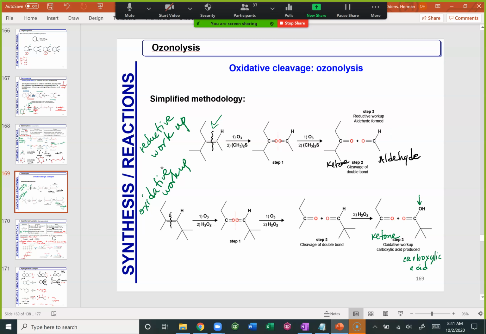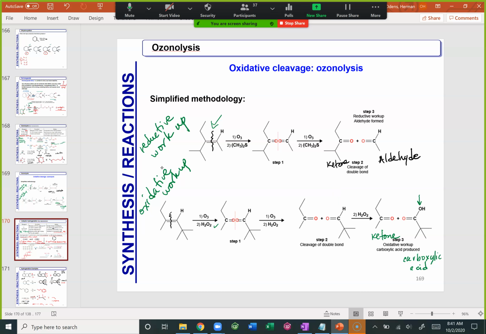If my workup, my second step, is with hydrogen peroxide, I'm going to insert an oxygen on an aldehyde. But if you have two ketones, they stay ketones. It'll be just like the reductive case, because you can only put the oxygen insertion on the aldehyde after the breakage.